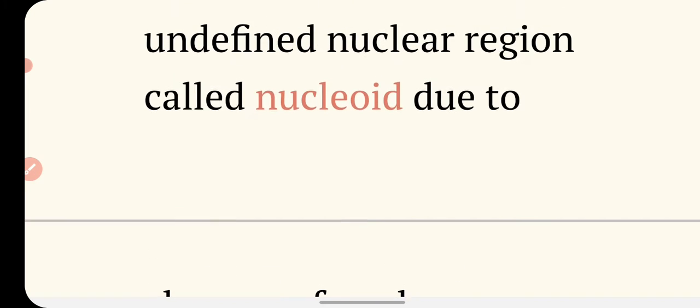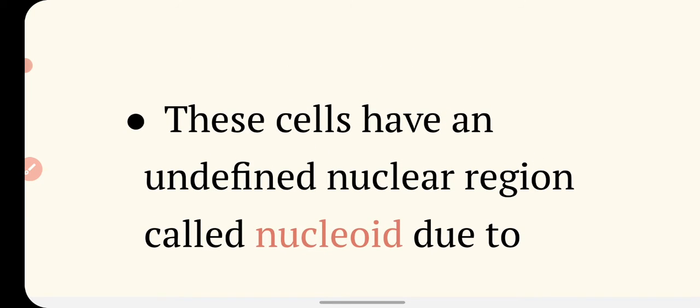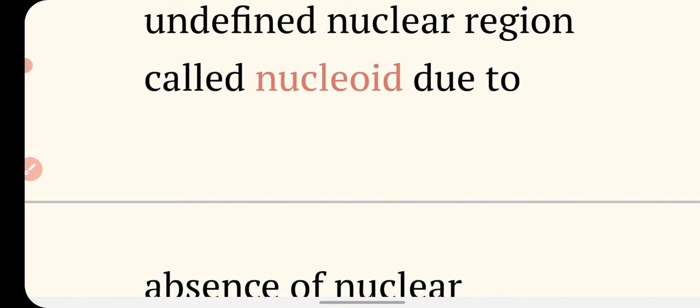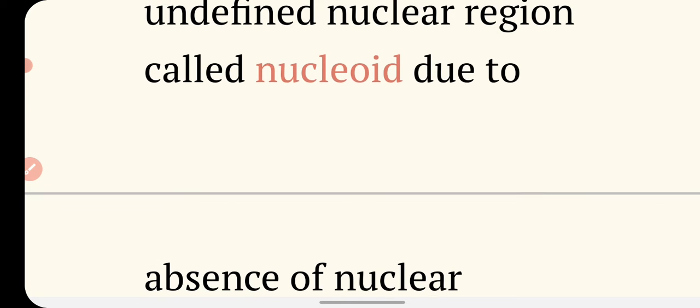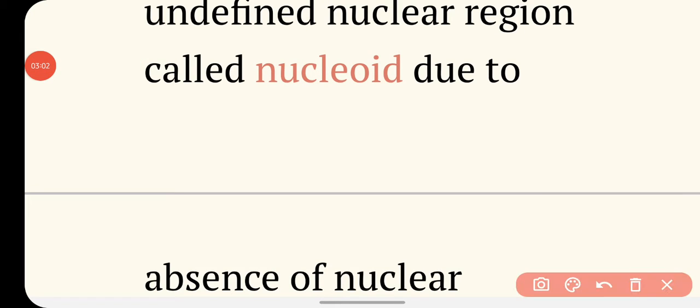The genetic material is not bounded by a nuclear membrane, and in this case it is called the nucleoid.